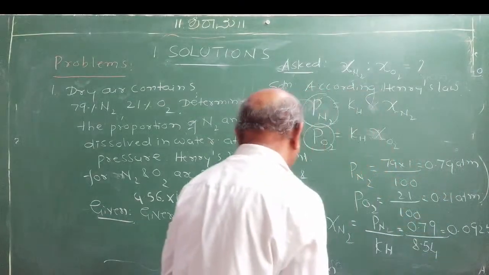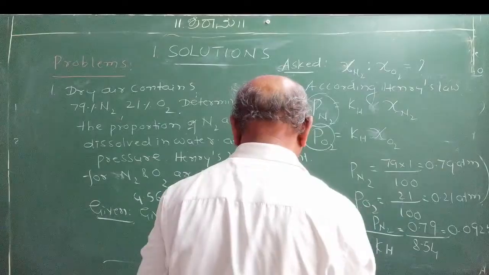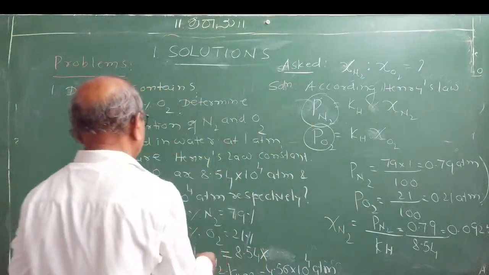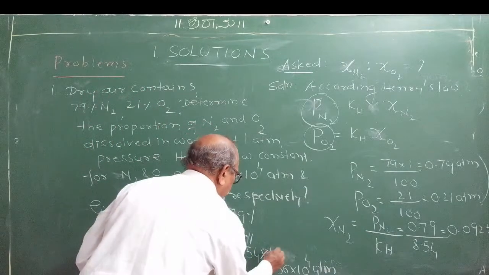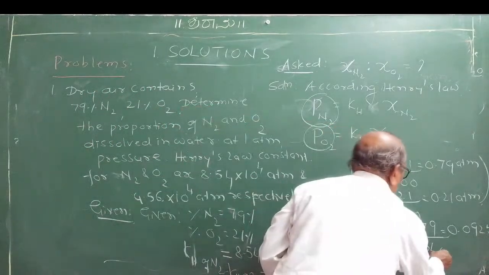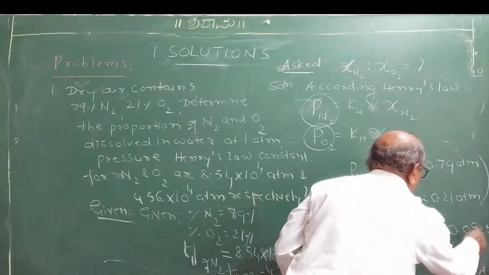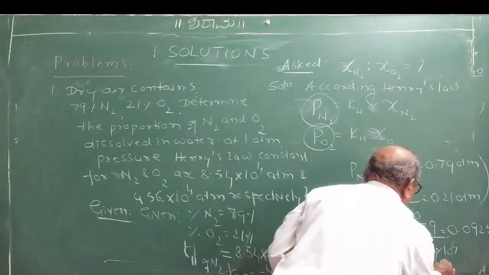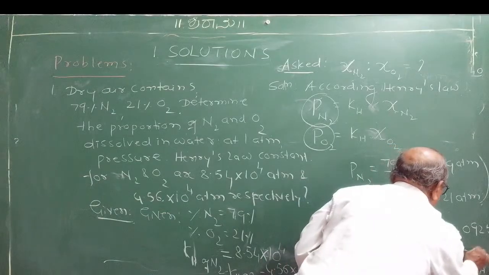It is 8.54 into 10 raised to 4. Please check it. Into 10 raised to 4. And you can write it as 0.0925 into 10 raised to minus 4.